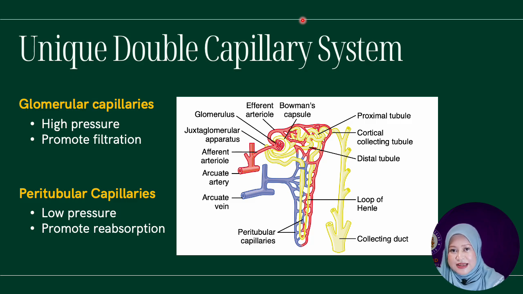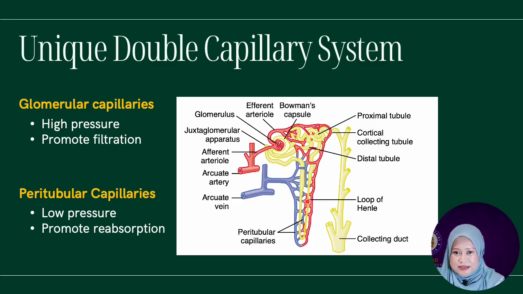So filtration increases. If the efferent arteriole dilates, blood leaves more easily. So the pressure inside the glomerulus reduces, and filtration also reduces. So the efferent arteriole acts as a pressure regulator between the two capillary beds.